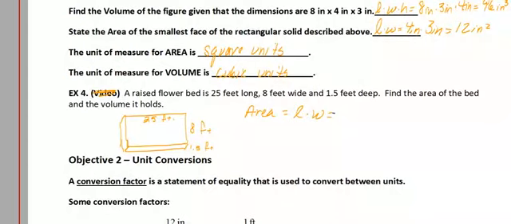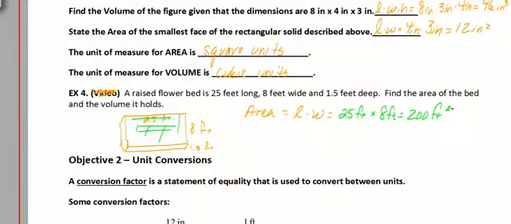Well, since I want the area of this thing, this part is my area, then I'm going to use the 25 and the 8. So 25 feet times the 8 feet would give me 200 square feet. So that gives me the area of the bed.